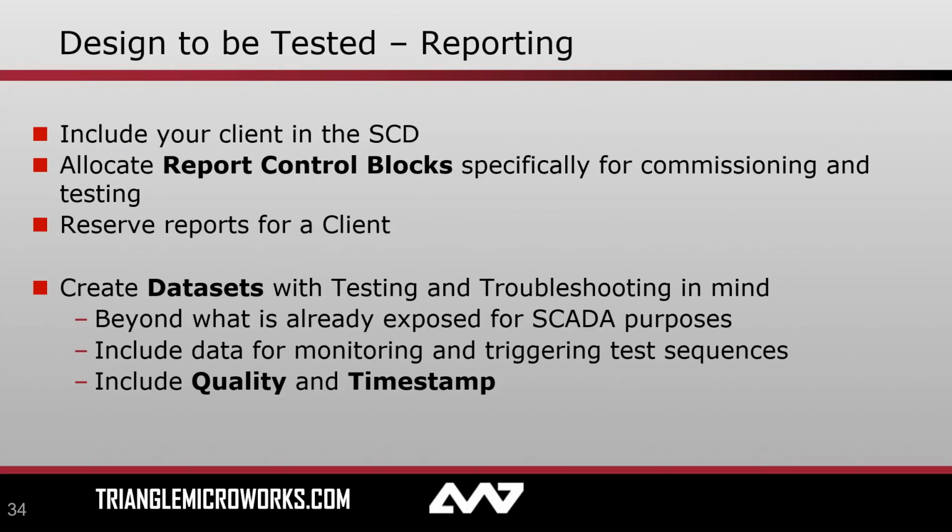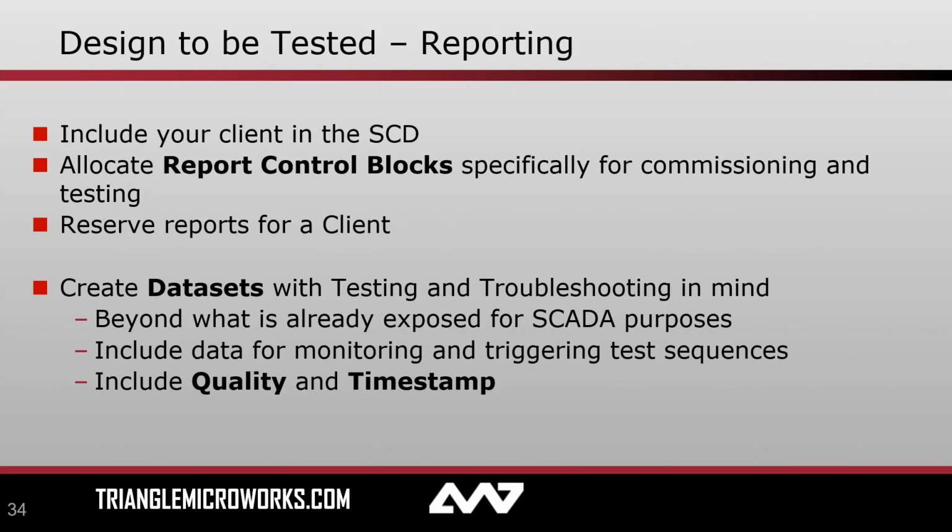With that said, it's not always the case that the data included in the report control blocks being passed up to SCADA is the same data that you need for testing. So consider creating data sets specifically for your client and associating them with a dedicated report control block. Examples of the types of data that you might need: certainly quality and timestamp are very important when you're testing.